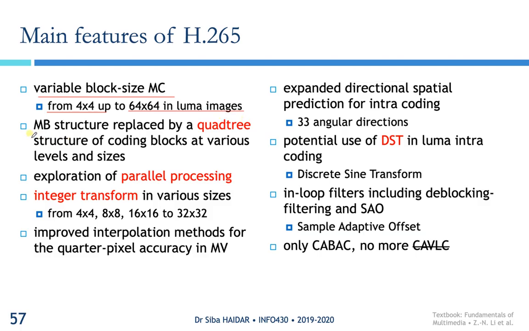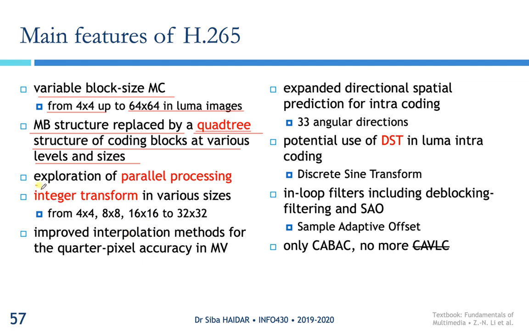The macroblock structure is replaced by another structure called quad tree. So you don't have the macroblock structure in this standard. This quad tree structure has coding blocks at various levels and sizes, so you code the block at different levels.